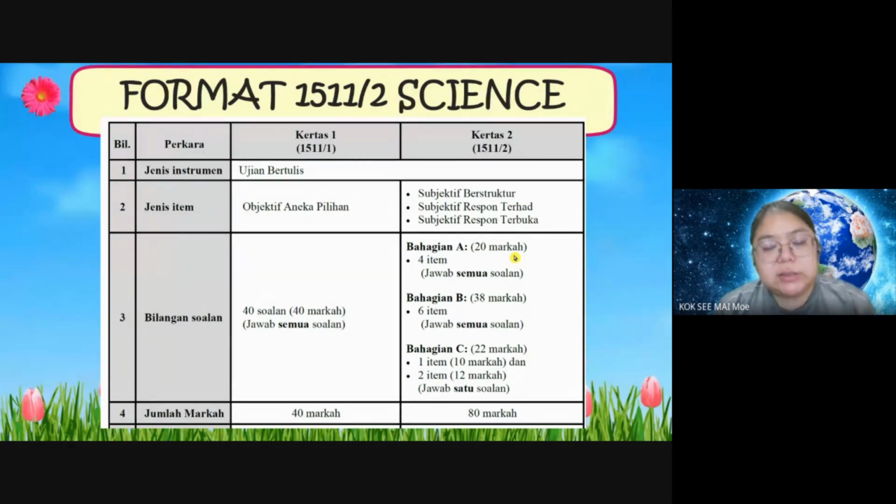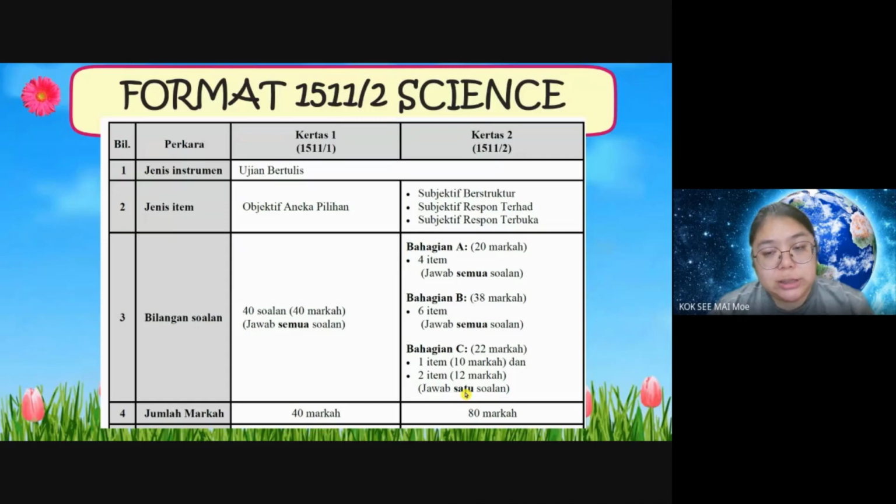Okay, for Section C, I told you before, we got 1 item for 10 marks. That's question 11. That one is an experiment. So today we need to discuss the experiment. Then 2 more items, and you need to choose either one. Those are theory questions. Before that, we learned already about solving problems, concept problems.